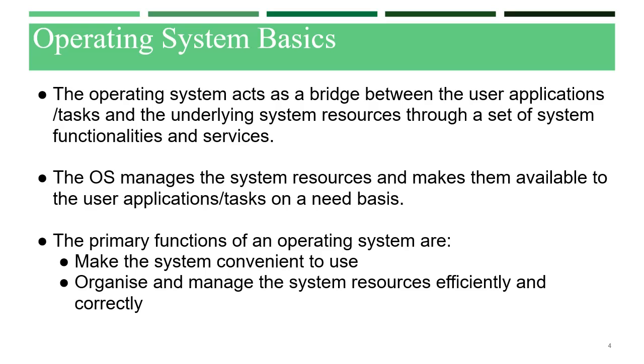So we can say that the OS always manages the tasks or applications. Whenever they need any system resources, it makes them available to these applications. The primary functions of an operating system are to make the system convenient to use, and to organize and manage the system resources efficiently and correctly.